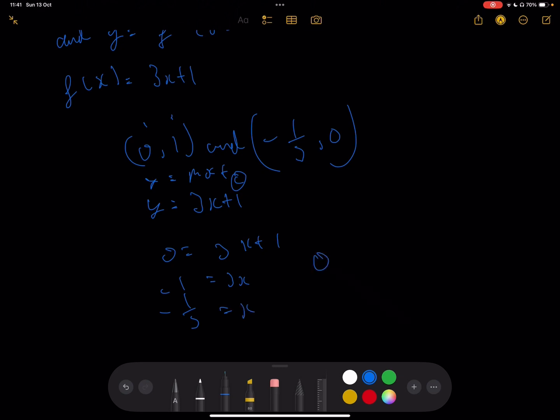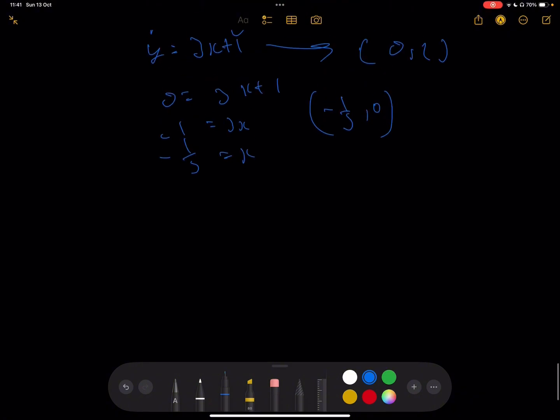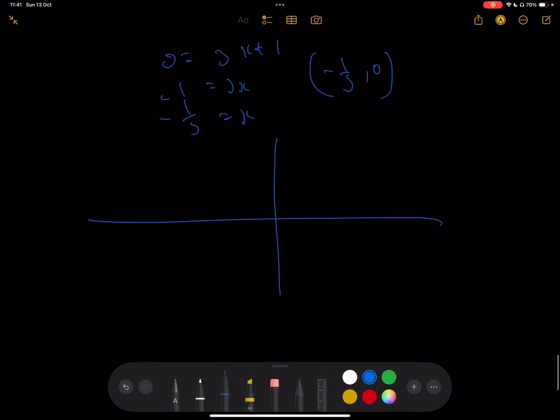Where y is 0, we get negative a third, 0, and here x is 0, so we have 0, 1. So we can graph these two using these values, and as they're linear functions, you can typically just substitute values in, and then you'll get the correct answers.